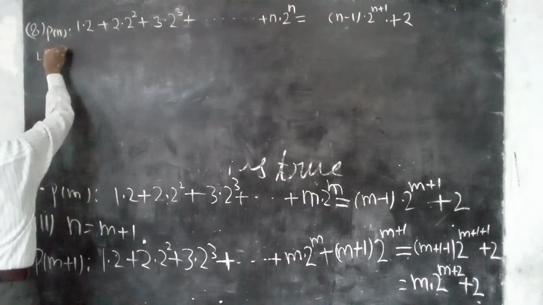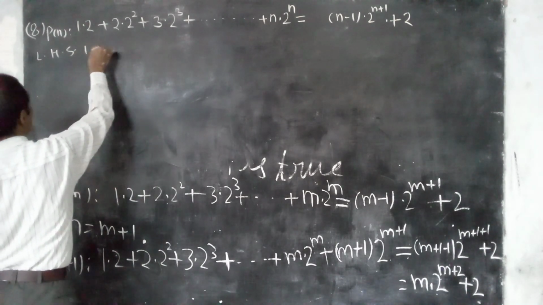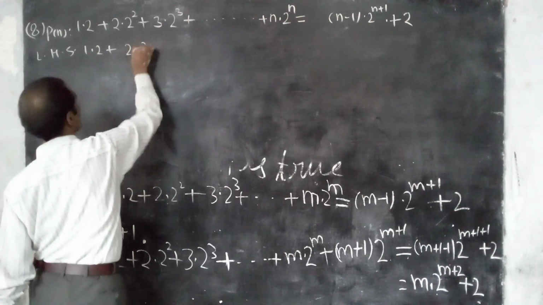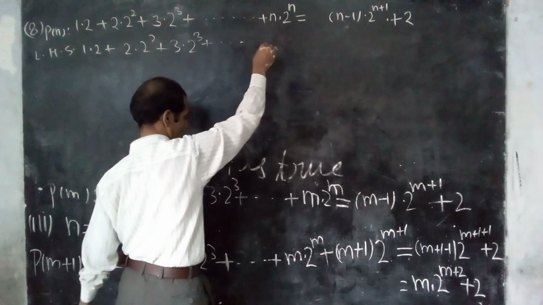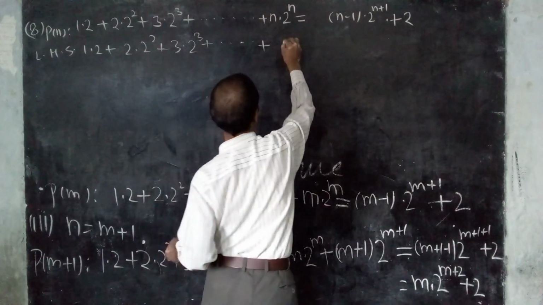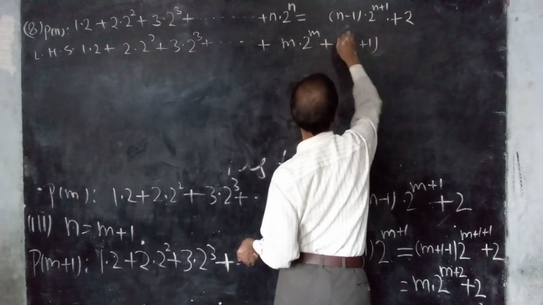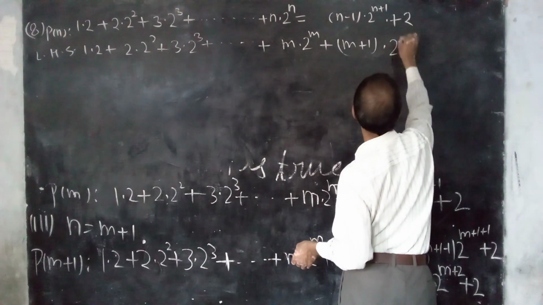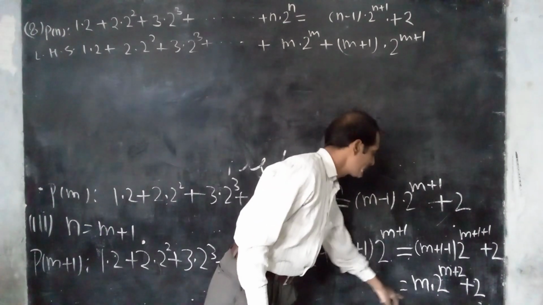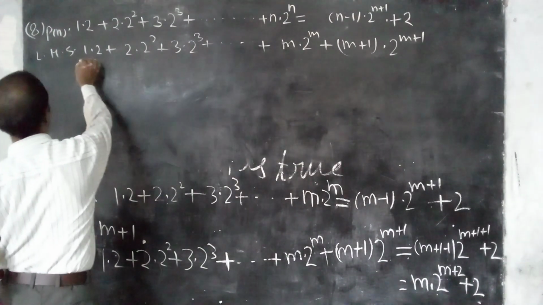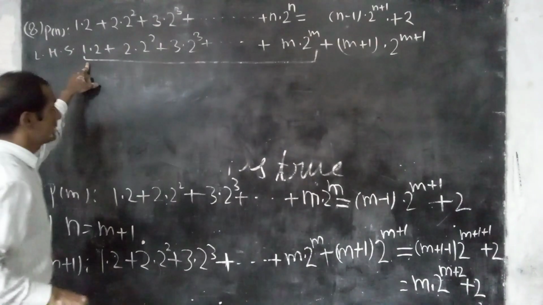Let's take the left hand side of the identity: 1 into 2 plus 2 into 2 square plus 3 into 2 cube plus dot dot plus m into 2 raised to power m, plus (m plus 1) into 2 raised to power m plus 1.